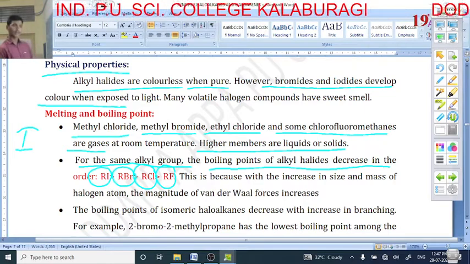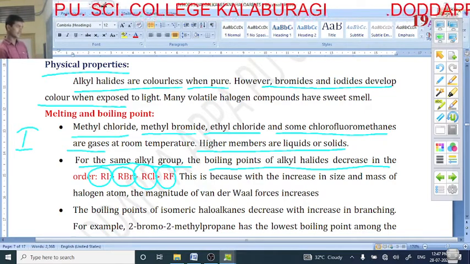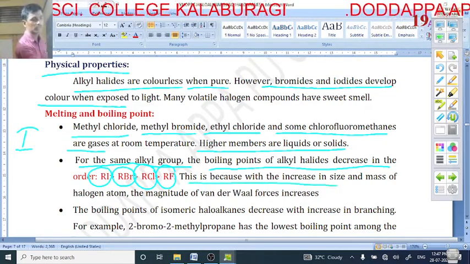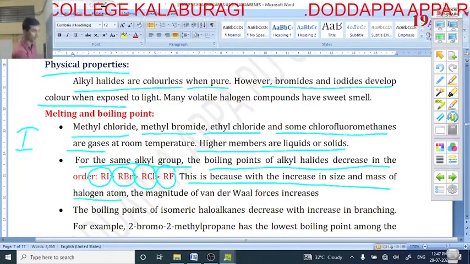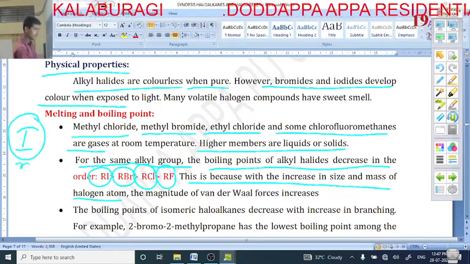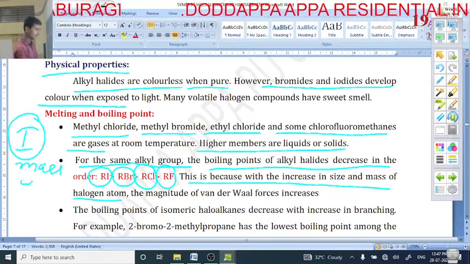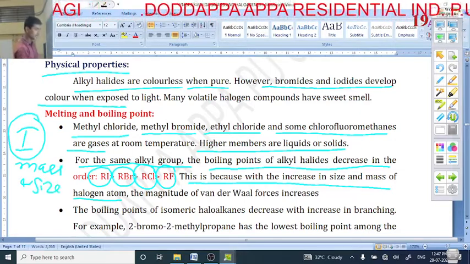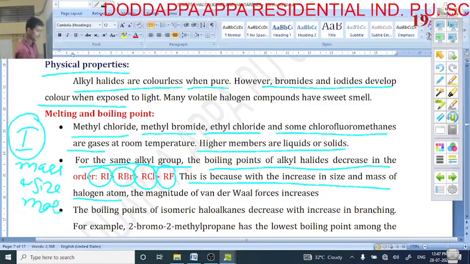The boiling point varies in this order because there is an increase in the size and mass of the halogen atom. So the halogen atom iodine has more mass and more size.